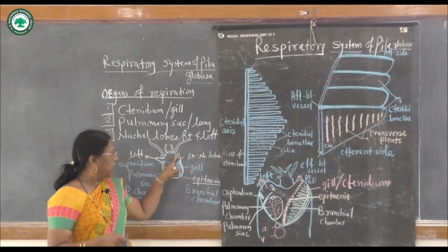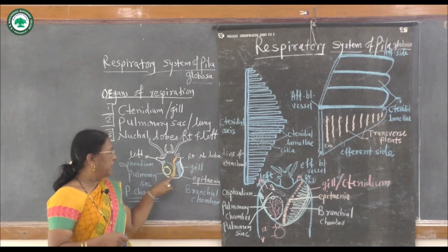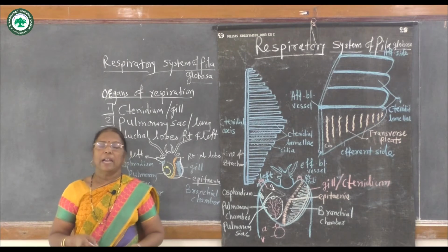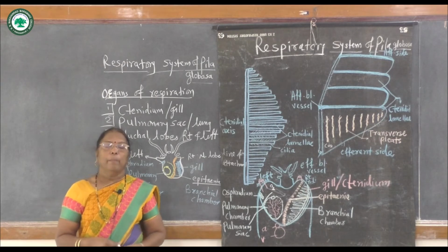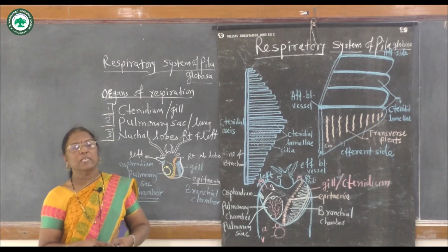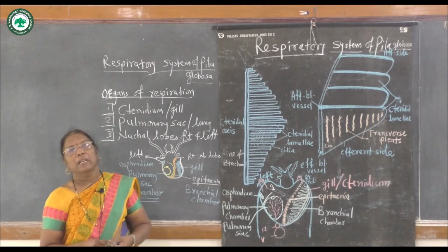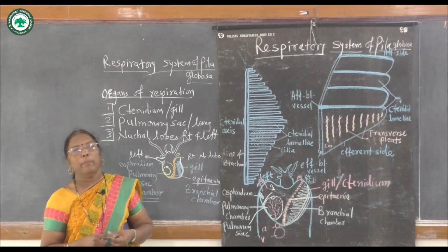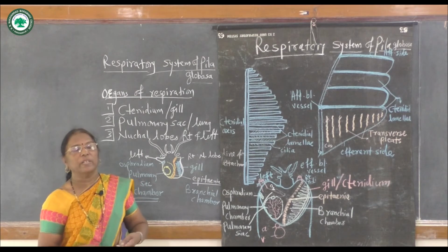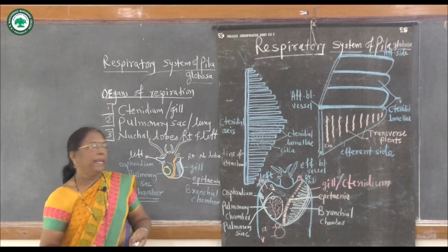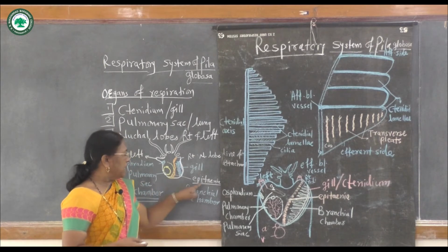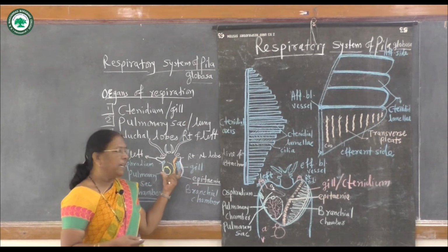This skin fold plays the main role in separating the mantle cavity, and it also plays the main role in respiration, whether aquatic or aerial. Due to the presence of the epithelium, the mantle cavity is divided into two parts.